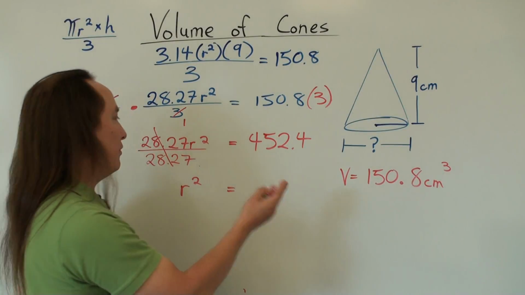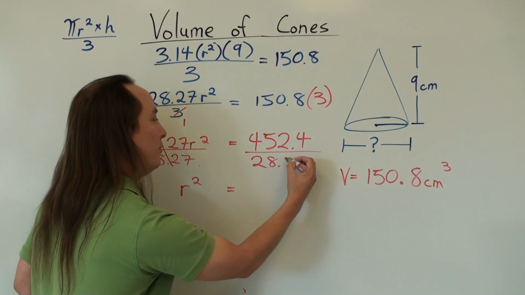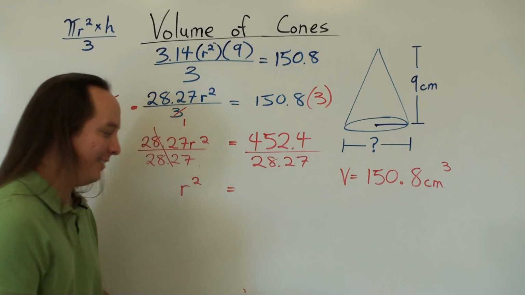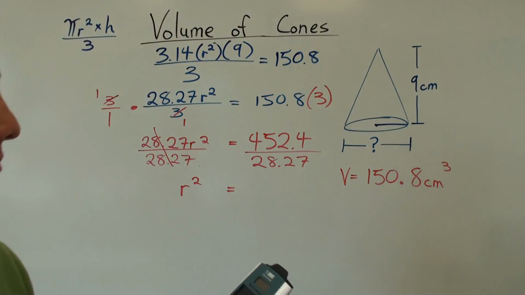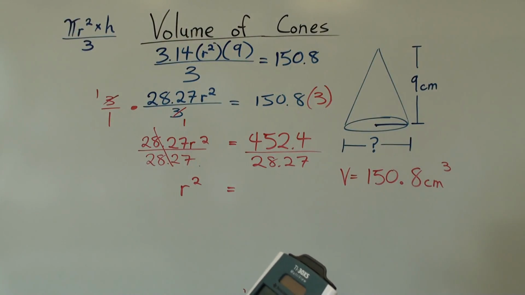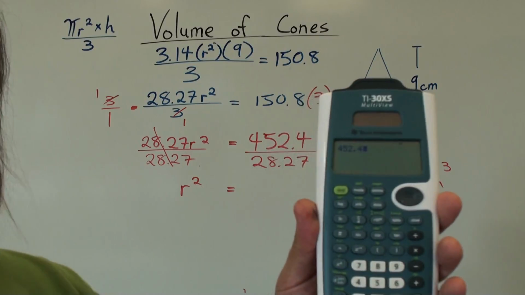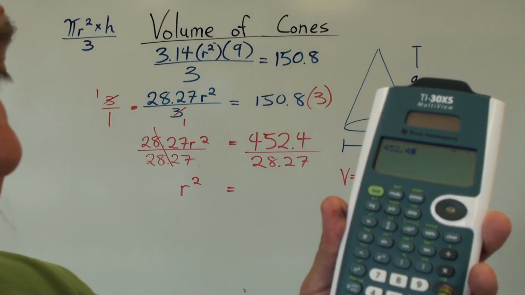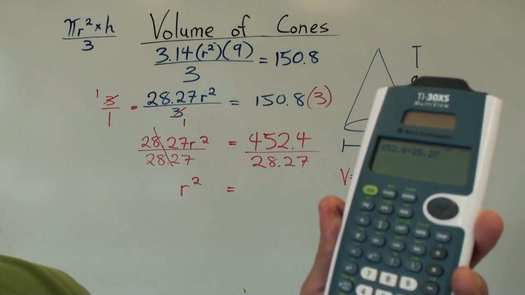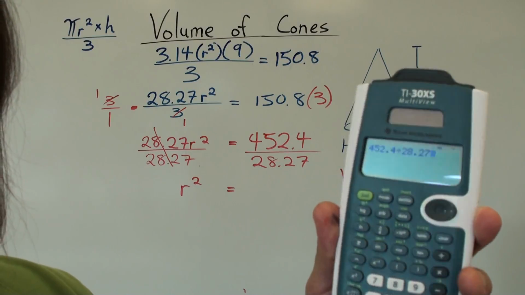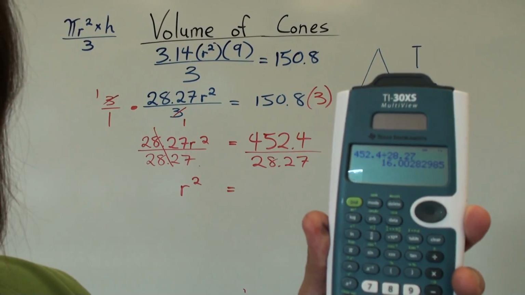Okay. And what I do to one side, I do to the other. I divide the other side also by 28.27, not 8. Darn it. Okay. So 452.4 divided by 28.27 is equal to 16.00.